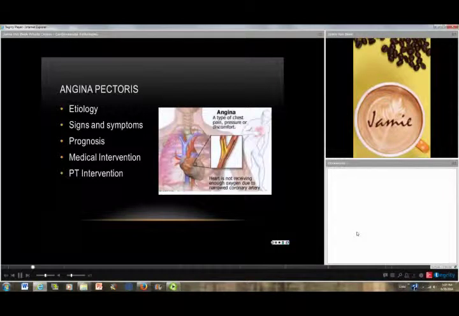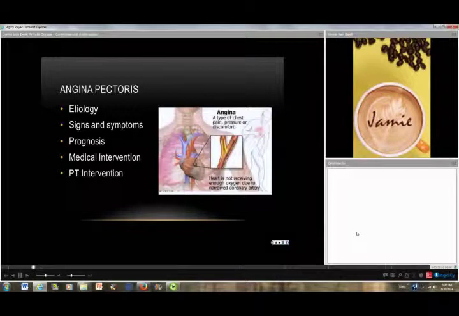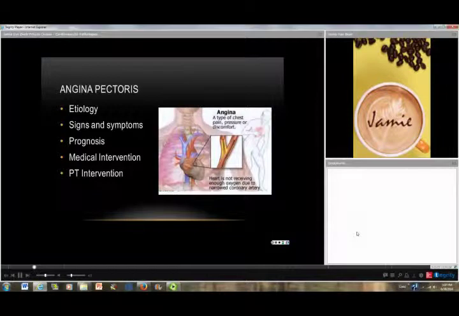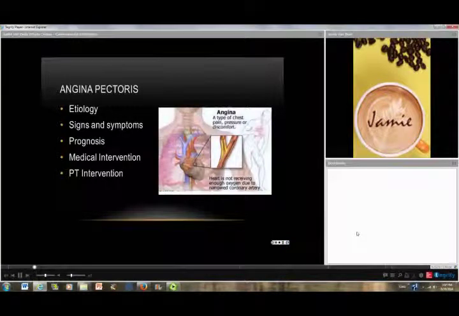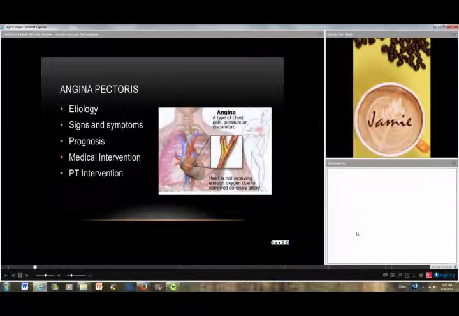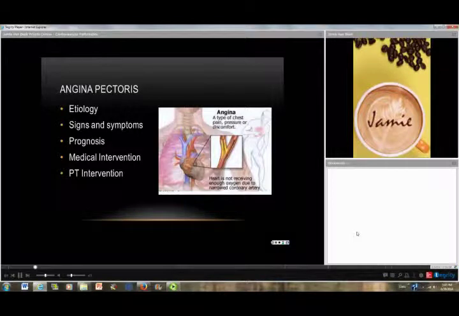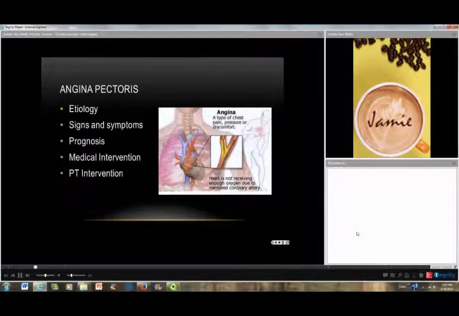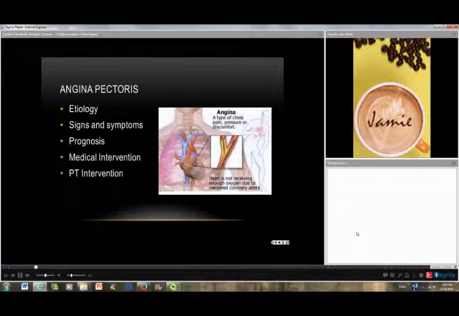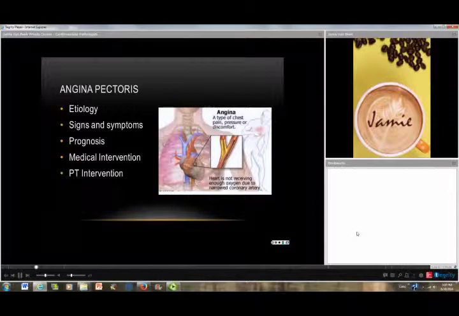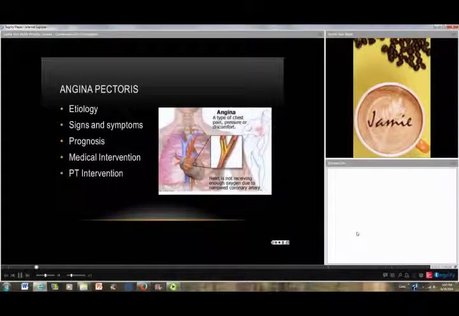When you work with a patient who has been diagnosed with angina, they usually carry around nitroglycerin with them. This falls under the medical intervention. Nitroglycerin is a vasodilator, and it comes in two forms. It comes in a tablet form that a patient puts underneath their tongue, and it's quickly absorbed into the bloodstream.